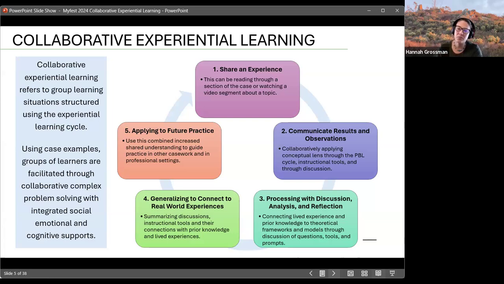We then support our learners in collaboratively thinking and observing results, talking about what they see, digging deep with discussion and analysis, and then really thinking about how that applies back to their real world.